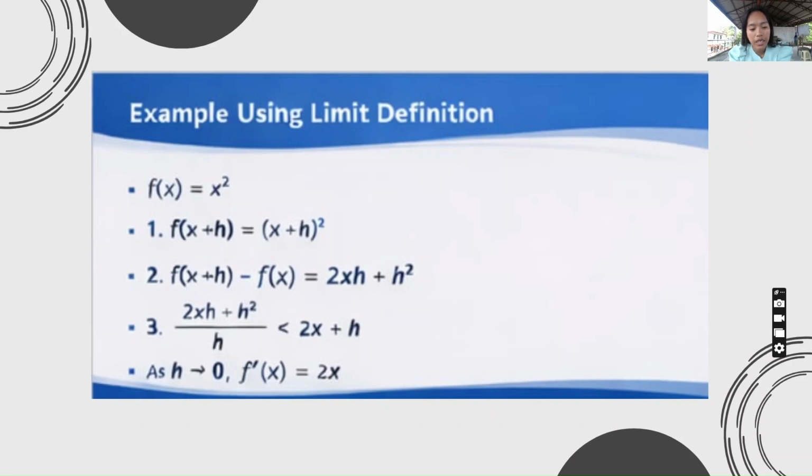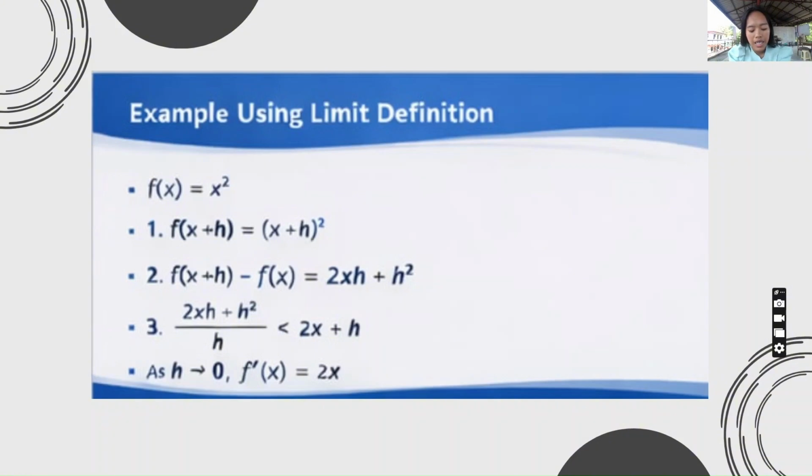Then divide the result by h. This gives us 2xh plus h squared over h, which is 2x plus h. Then take the limit as h approaches 0. As h approaches 0, we are left with 2x.